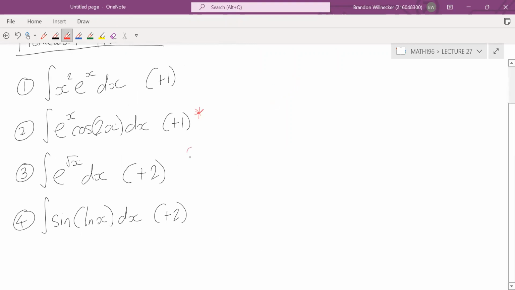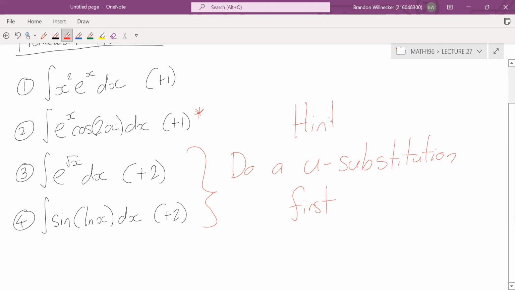And then the hint for these last 2 is do a u substitution first. So that is your hint.